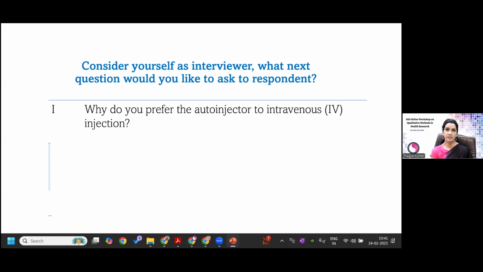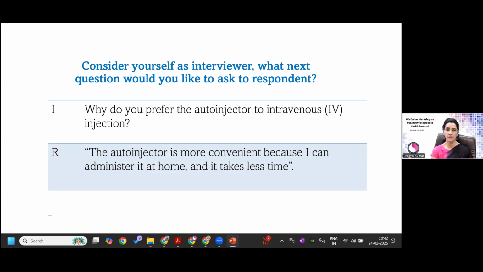Here is a new question: why do you prefer an auto injector as compared to the intravenous injection? If the interviewee has answered that auto injector is more convenient because I can administer it at home and it takes less time, what will be the next question you can ask from this?